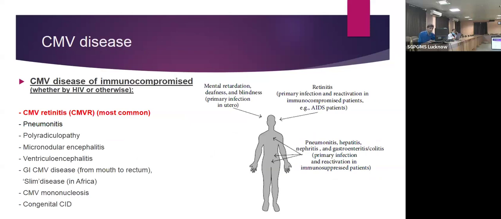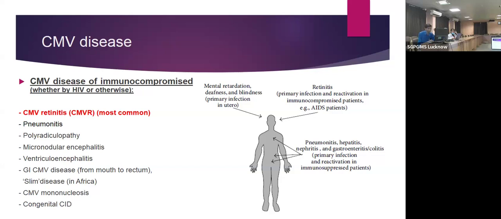CMV retinitis is the most common CMV disease in the immunocompromised, or overall. But CMV can make any organ diseased. As you see in the list from top to bottom, any organ can be attacked by CMV once it gets activated.